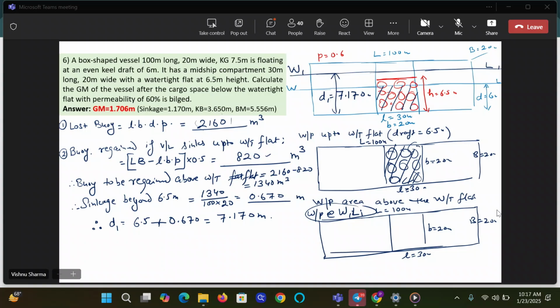I got the concept. Okay, good. Guys, anybody has any questions on KB, BM and getting the GM? Or if somebody is still calculating and wants me to wait, please let me know. Otherwise, I'm shifting the slide.